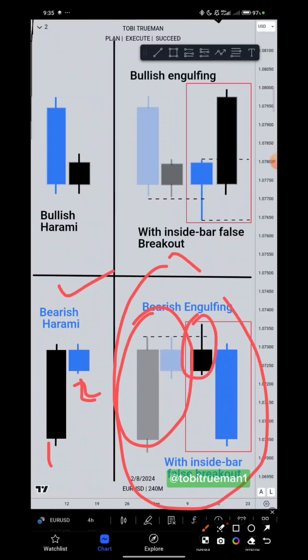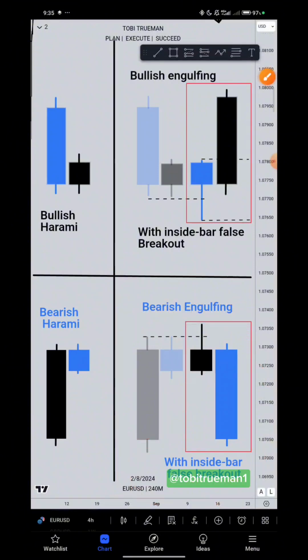Then we will now have this type of formation also, where we have a bearish Harami. We have this one, this candlestick is a shooting star, taking out the high point, the wick of the bearish Harami. And these three formations alone are called what? Inside bar false breakout. Okay, but we don't have to cram all those things. You just have to see it and probably know it. Our major focus is this red box, where price is what?